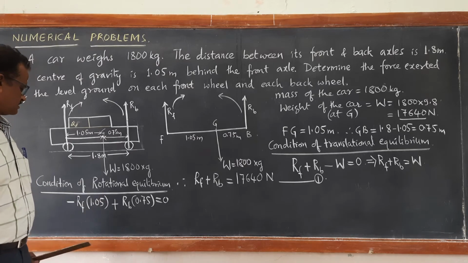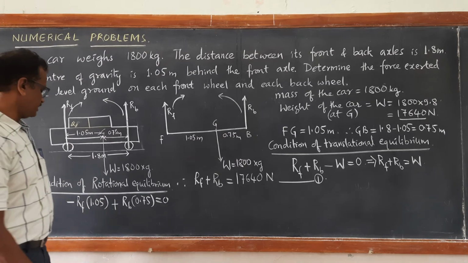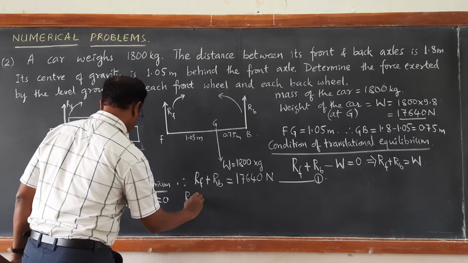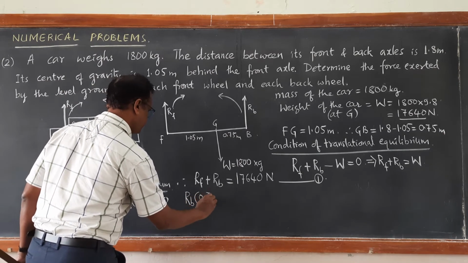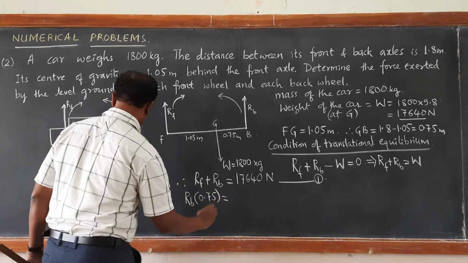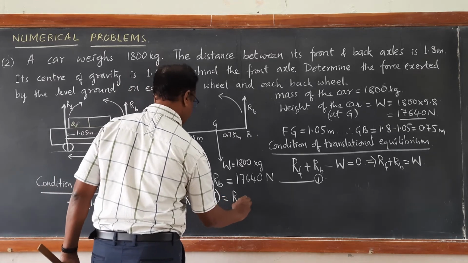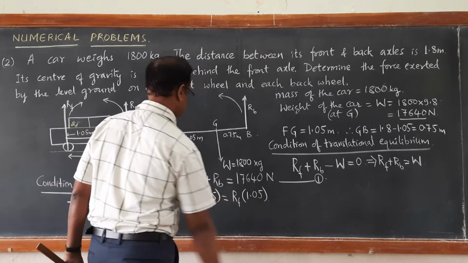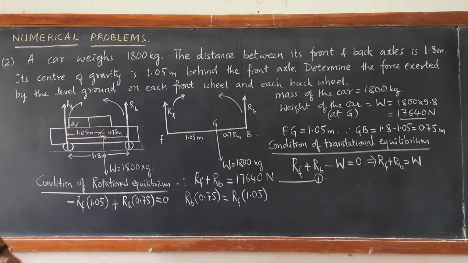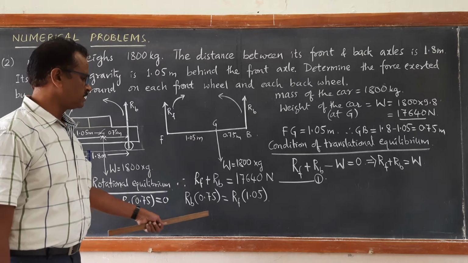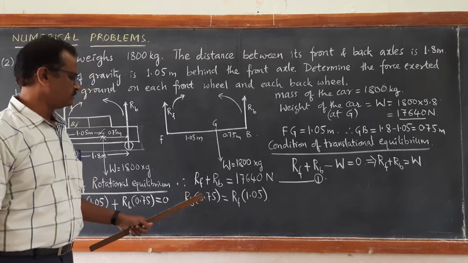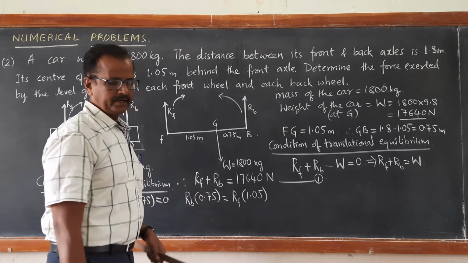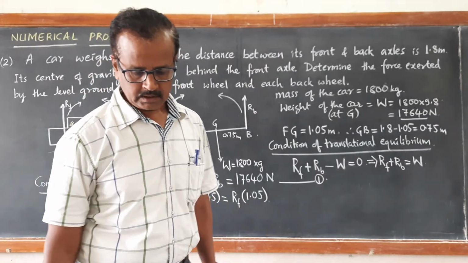Now simplify this. After simplification, you get RB into 0.75 is equal to RF into 1.05. Now this has to be simplified. So from this we can find the value of RB.